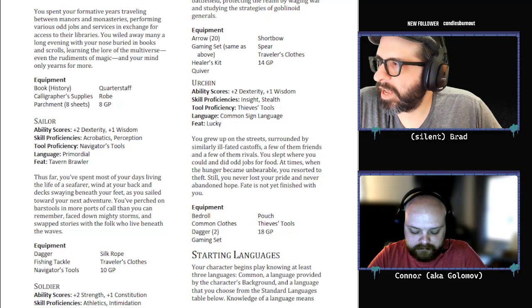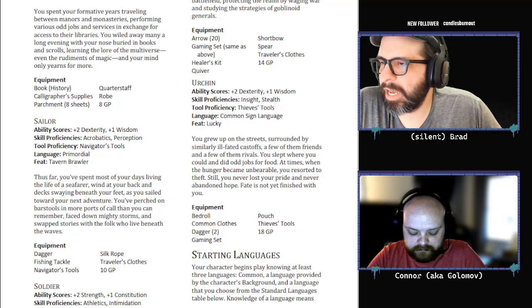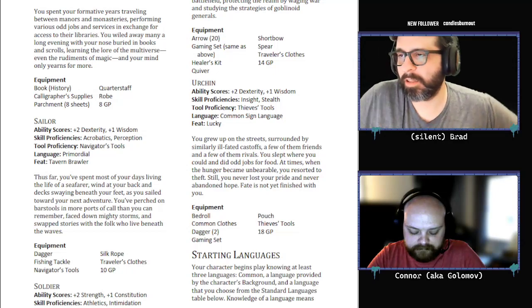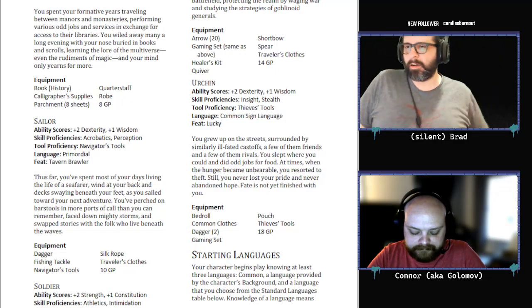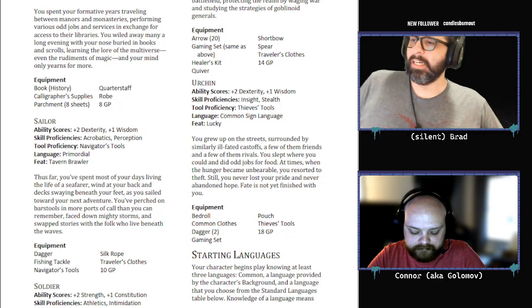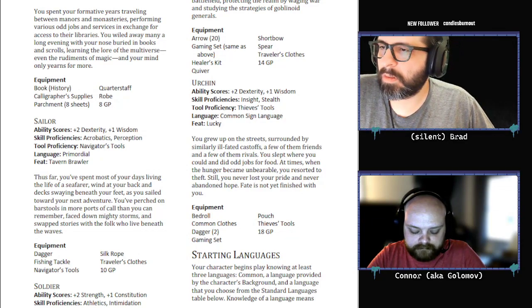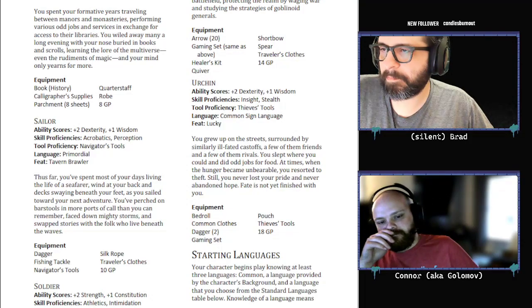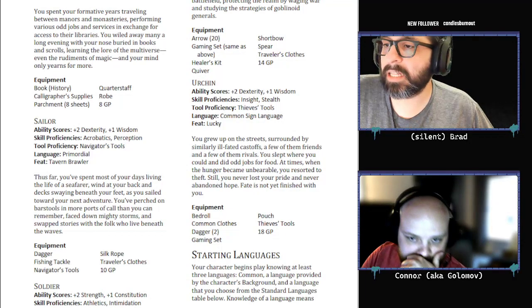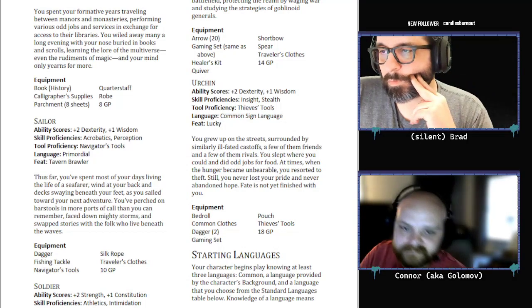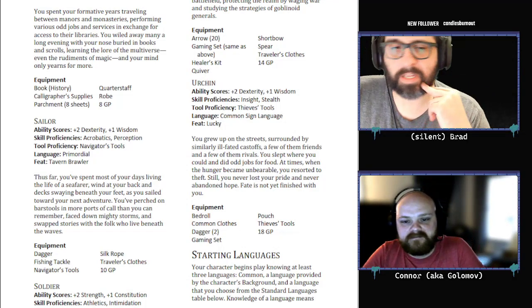I think Sleight of Hand from the Player's Handbook makes more sense than Insight, just because I think an Urchin is more likely to pick your pocket than some other ones. Thieves' Tools, Common Sign Language is an interesting one because they did add sign language. And then the Lucky Feet.